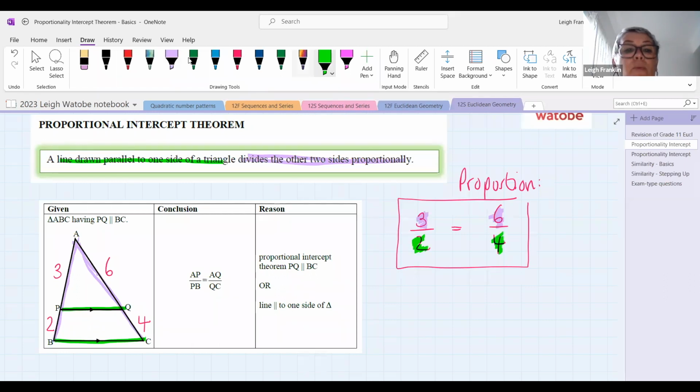They're in the same proportions. When I go from 3 to 6, I'm timesing by 2, just like when I go from 2 to 4, I'm timesing by 2. Another way of looking at that is that 3 is to 2 as 6 is to 4. Is everybody happy with that? Does that make sense?